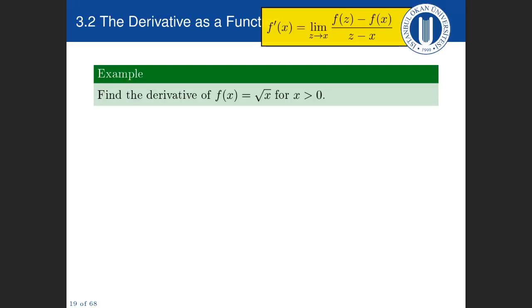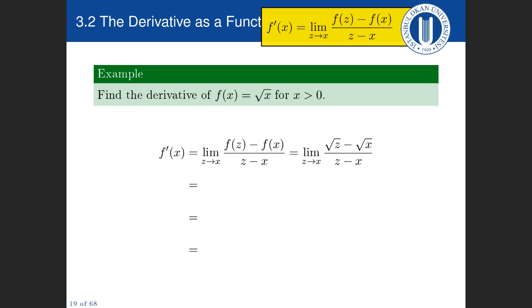For example, find the derivative of f of x is equal to the square root of x for x strictly greater than 0. I'm going to use this alternate formula, which I've written in the yellow box at the top. So I'm going to calculate the limit as z tends to x of the square root of z minus the square root of x divided by z minus x.